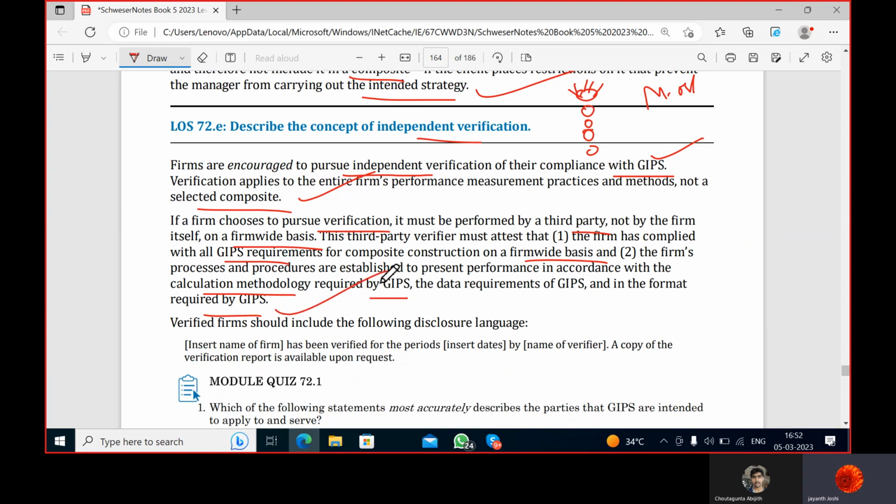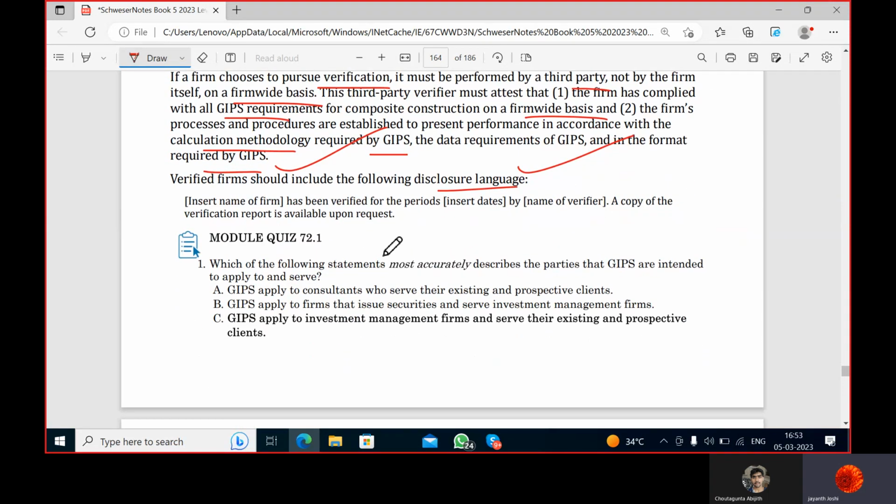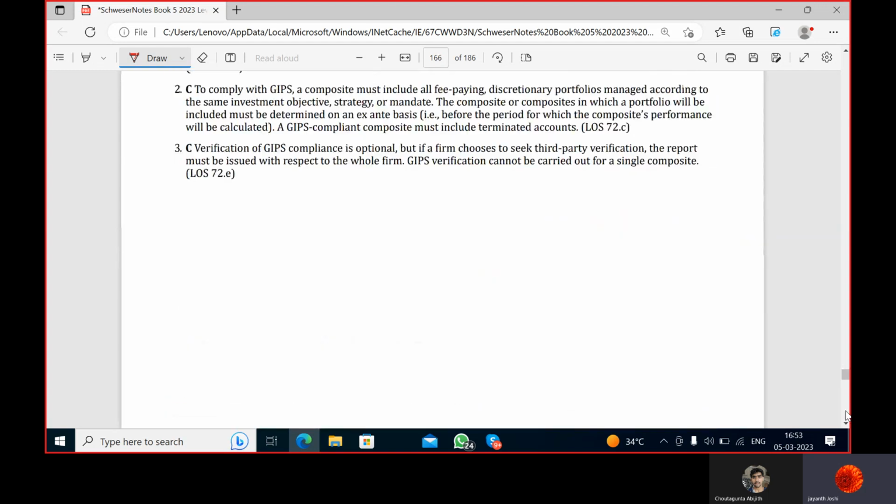So as per the GIPS standards only, they should do all this. Verified firms should include the following disclosure language. So they should insert their name and that they have been verified for periods from what date to what date, the name of the verifier, and that a copy of the verification report is available upon request. So this is also done, Abhijit.